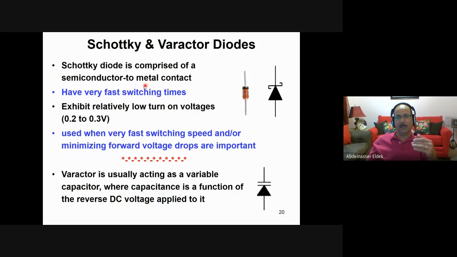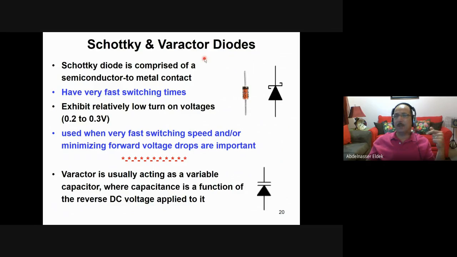The reason we do that is that we have two advantages. One is that the response is very fast. If you want to switch on and off, it is faster than the regular one. Also the forward voltage is lower. It's not 0.7, for example, it is 0.2 to 0.3. So these are the two advantages of the Schottky diode.